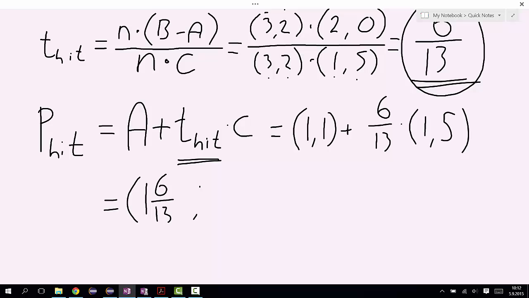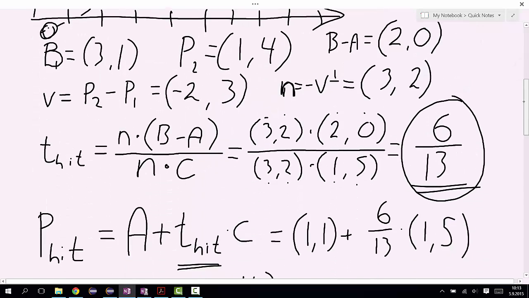And then it gives us 1 plus 5 times 6/13. That's 30/13, which is 2 and 4/13, so we get 3 and 4/13. Okay, so 1 and 6/13, 3 and 4/13. So that's the hit point that we have.